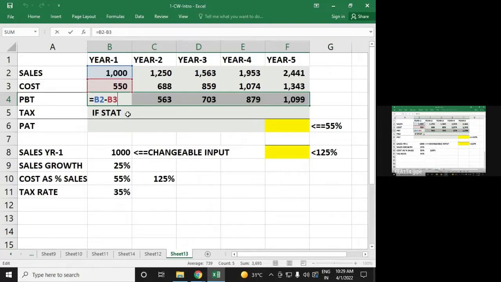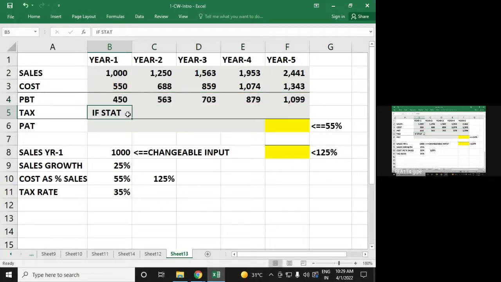And we'll put an if condition to tax. They are saying if there is a profit, then 35% of profit should be taxed. So if there is a profit means profit should be more than 0. So whatever is the logic, we need to put it down in numbers. Correct, 610. So 35% of PBT you have to pay as tax. The tax rate is not going to change, so we will put a dollar sign to that.